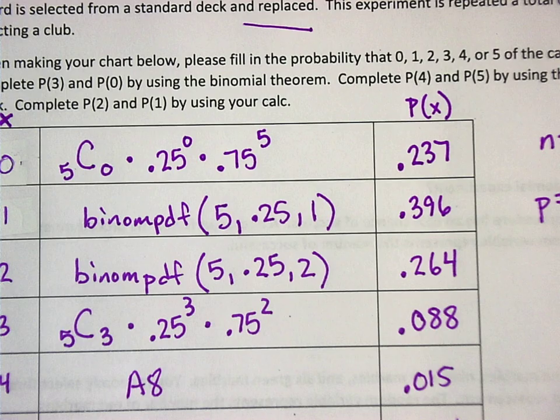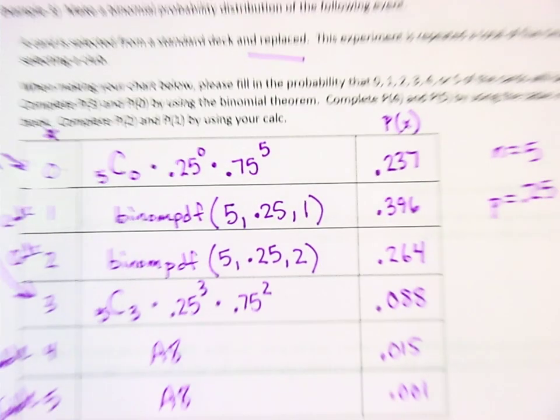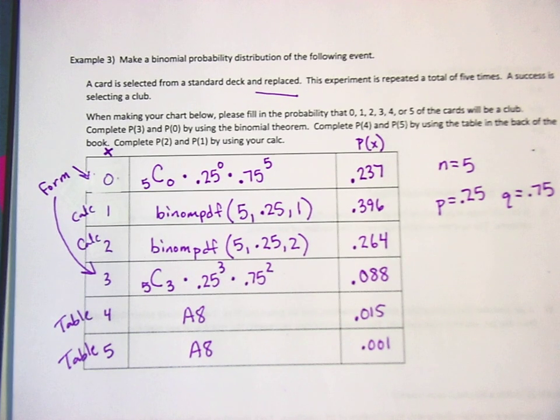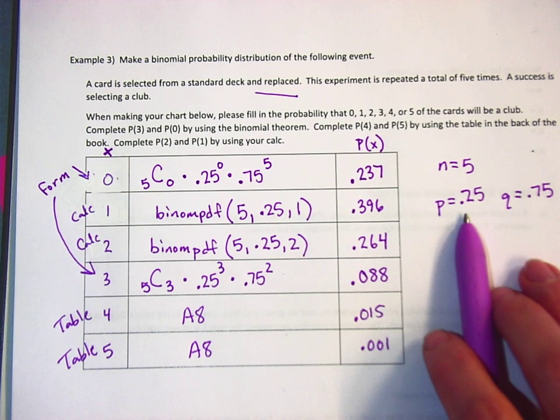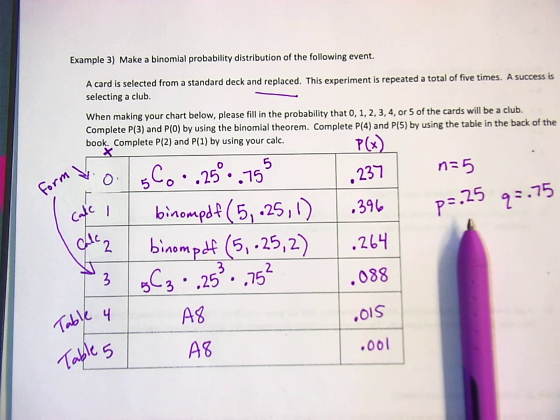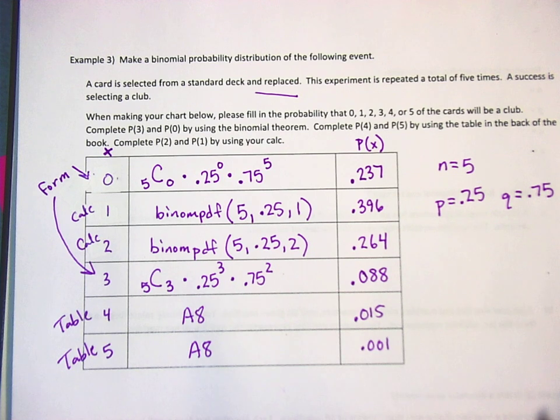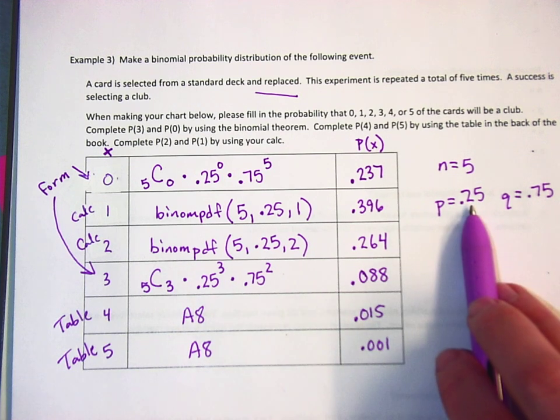One disadvantage of using the table to get your answers is that they only have some of the probabilities of success. I think it goes by 0.05, so like 0.25, 0.3, 0.35, etc. But if you had like 0.278 or something, that wouldn't be in there.